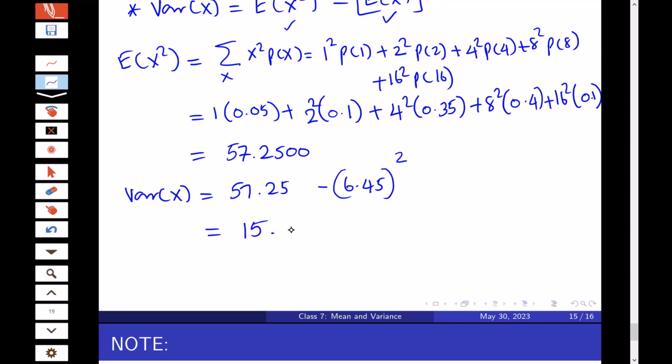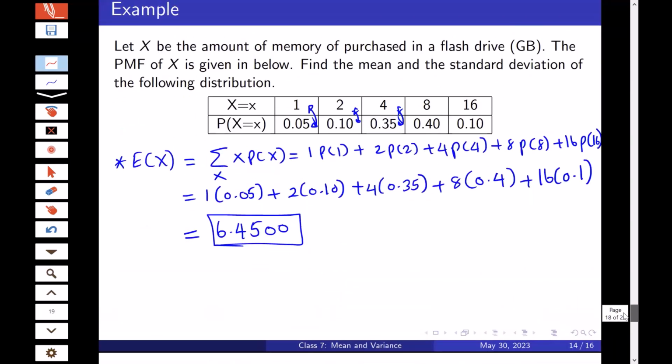The final answer will be 15.6475. Use your calculator. Okay, so be careful in this step. Sometimes you will forget. That's the most common mistake you can make.